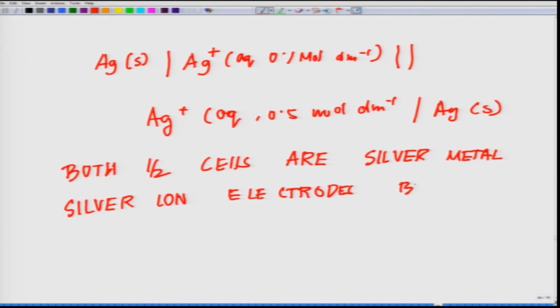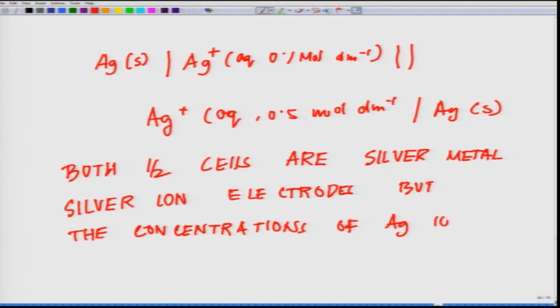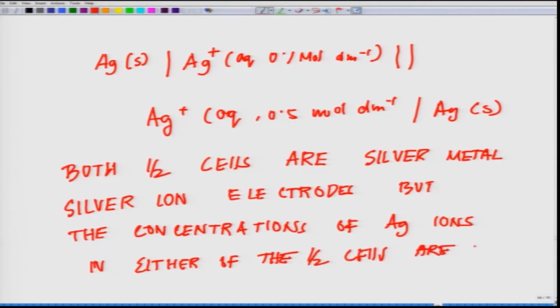But the concentration of silver ions in either of the half cells is different.